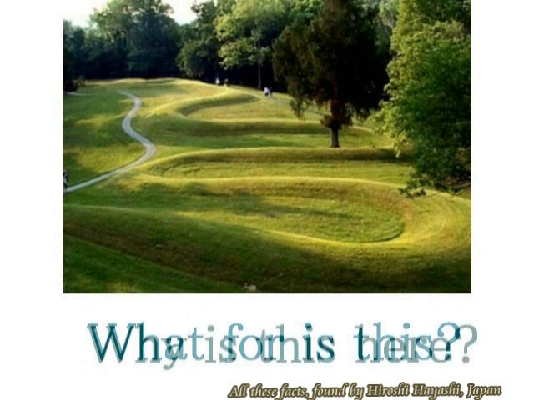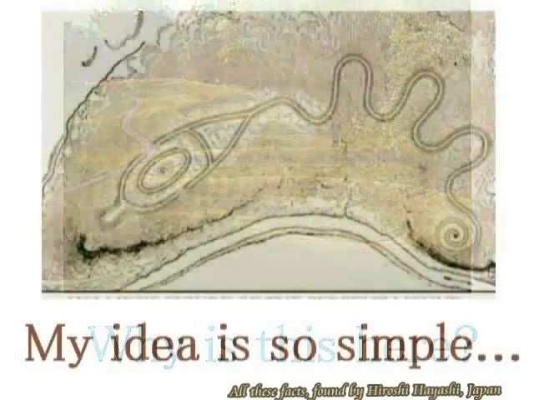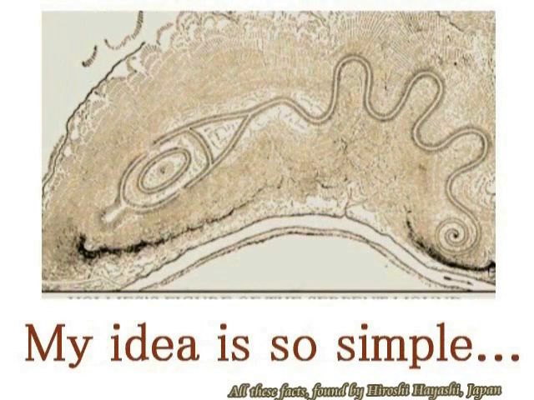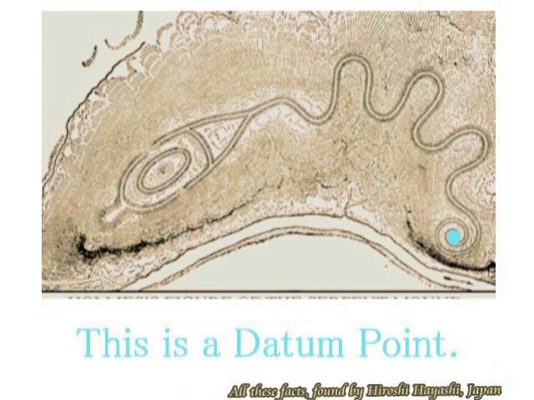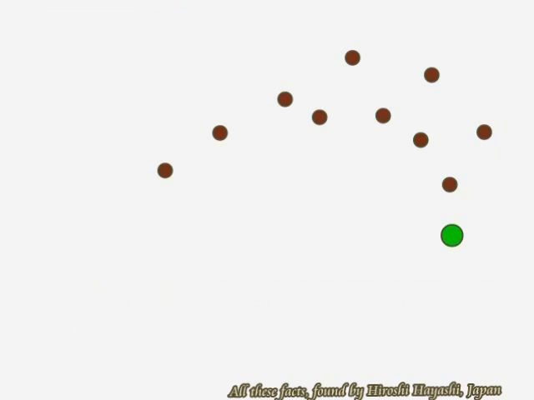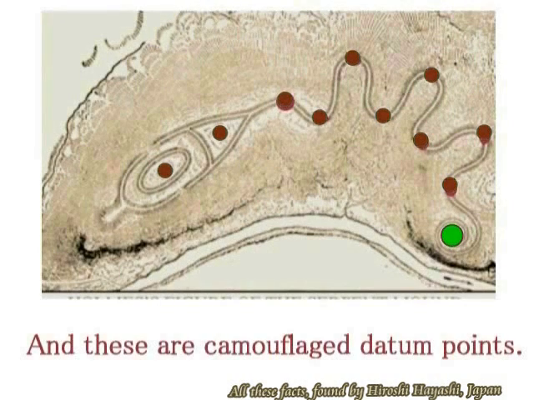This is Serpent Mound in the USA. And you see a sort of spiral at the bottom right. It's a sort of datum point here in Serpent Mound. The blue one is a datum point. This is a very important point in this Serpent Mound.